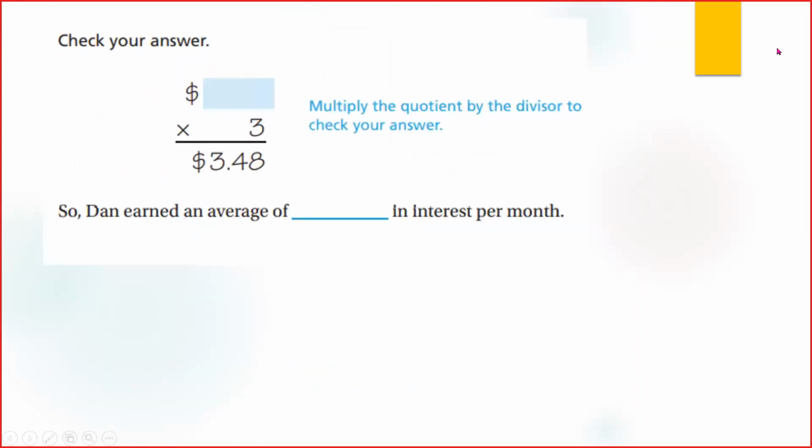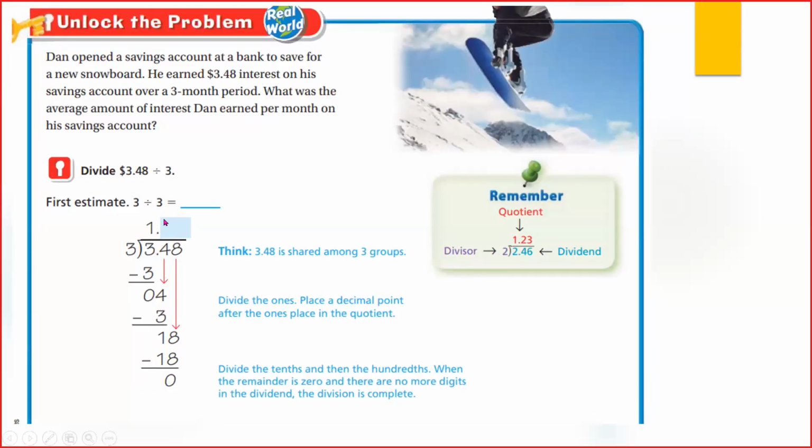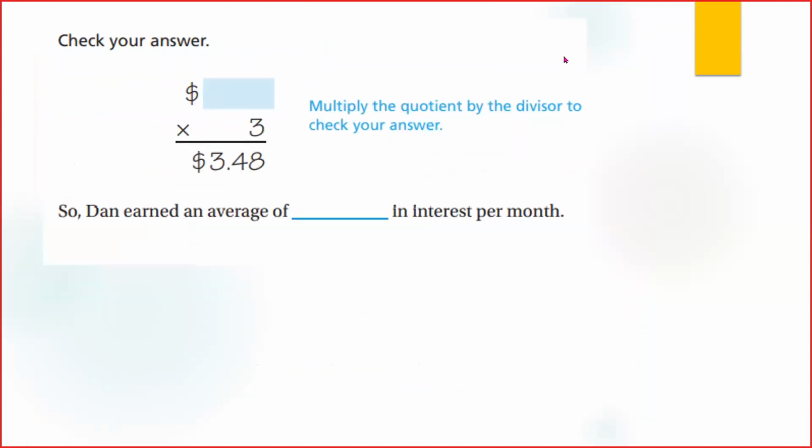That means when I want to check my answer, since the opposite of division is multiplication, I will multiply the quotient, which was 1.16, by 3 in order to see if the product of my quotient by the divisor will be the dividend or not. So here I will repeat. We divided 3.48 over 3, and I get the answer 1.16.